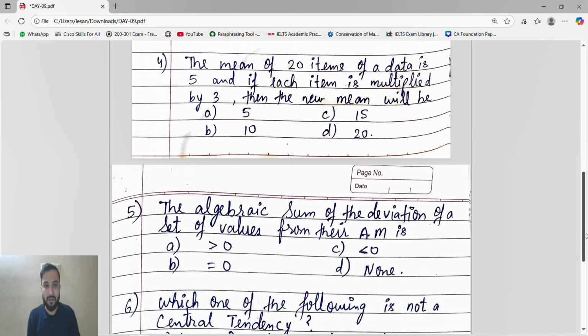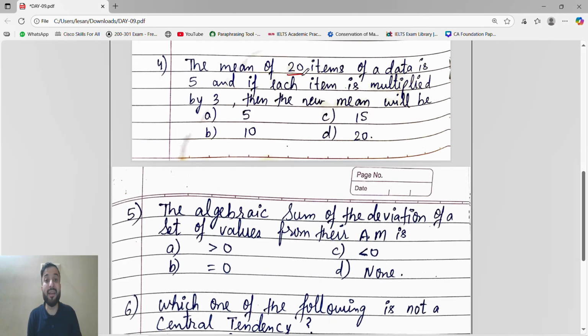Next, the mean of 20 items of a data is 5. If each item is multiplied by 3, then the new mean will be... Just now I explained to you, right? How the items change, the mean will change accordingly.